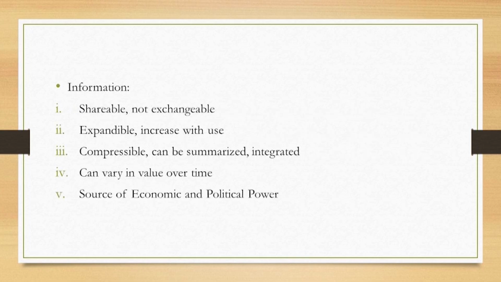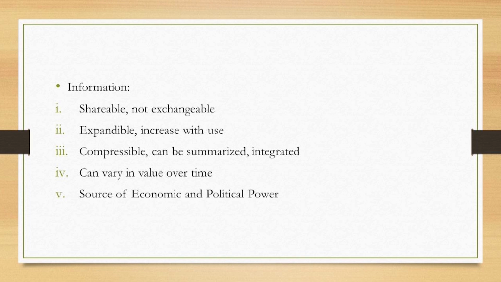Now, if we go through these points one by one, we find that information can be shared by all persons, and it is not exchangeable. That is, there is no barter system available for the exchange of information. Information is expandable, it increases with use.